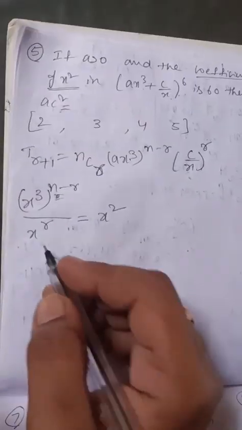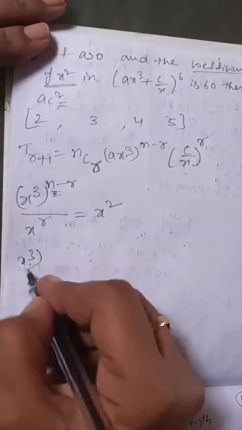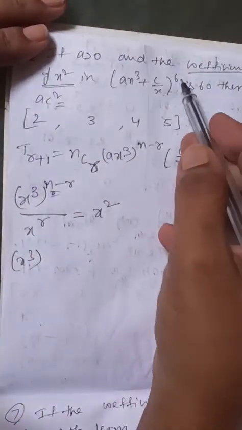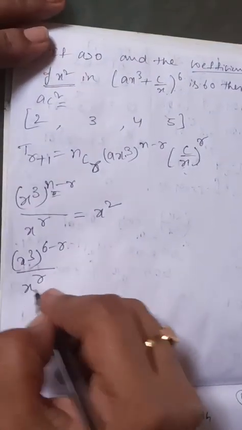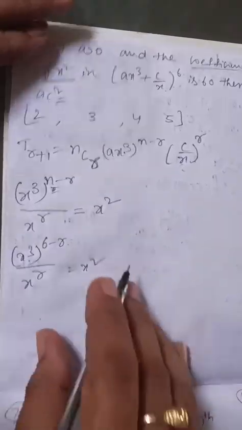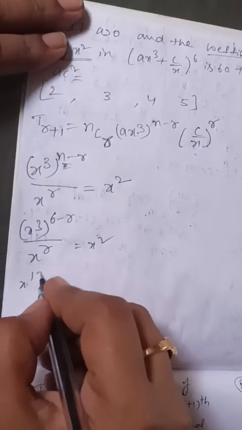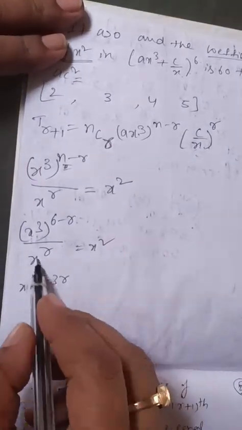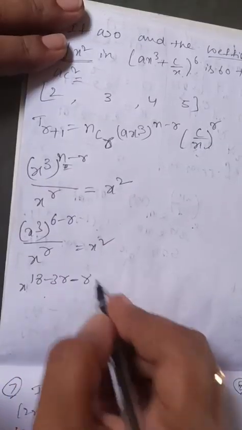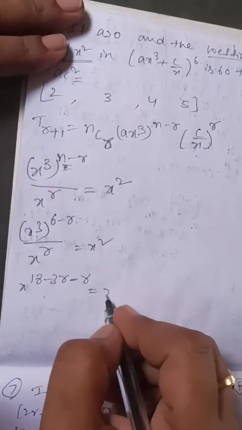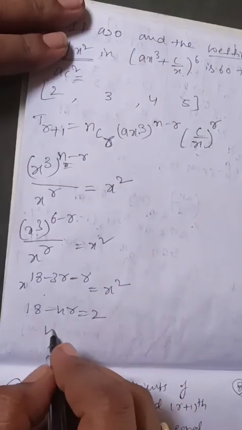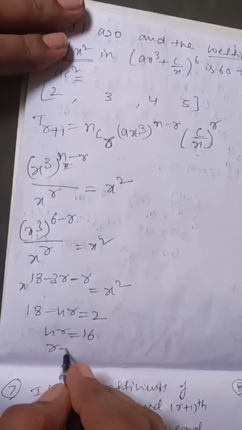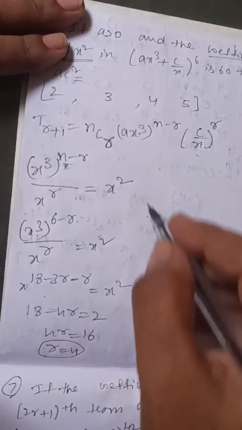So x power 3 whole power 6 minus r by x power r equals x square. So x power 18 minus 3r, and this r becomes minus r in the numerator, equal to x square. So 18 minus 4r is 2, 4r equal to 16, r equal to 4.